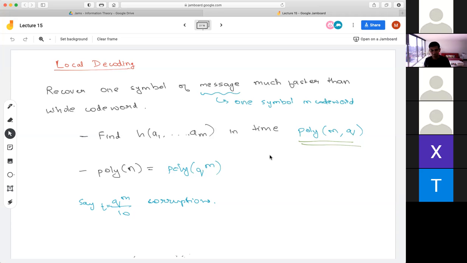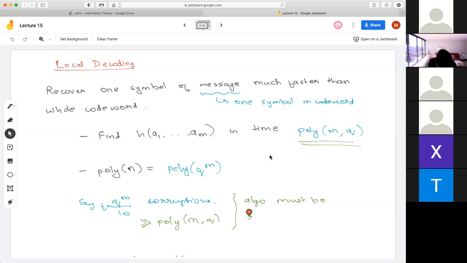If these are known ahead of time, the adversary can just corrupt the positions you are going to query. So for recovering a particular symbol, if the set of queries is fixed and known in advance, the adversary will just corrupt them. The number of corrupted positions is much, much larger than the number of queries the algorithm is allowed. So the algorithm cannot declare all its queries in advance, and so we must have a randomized algorithm.